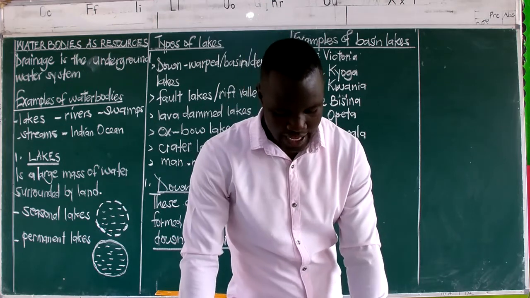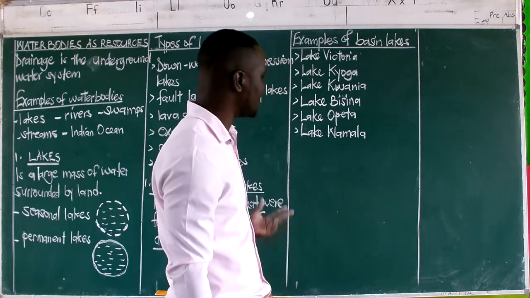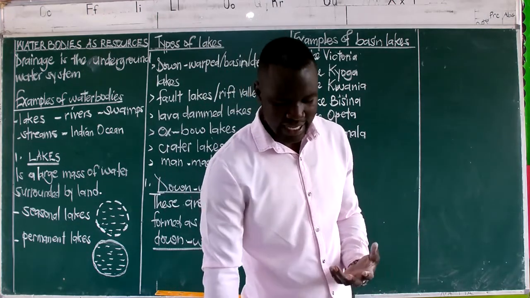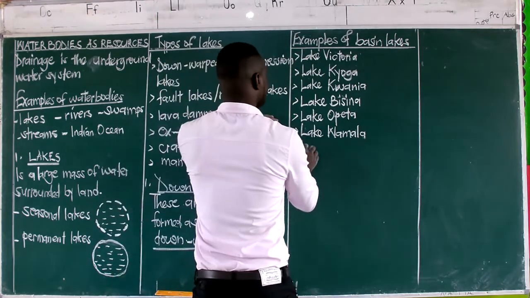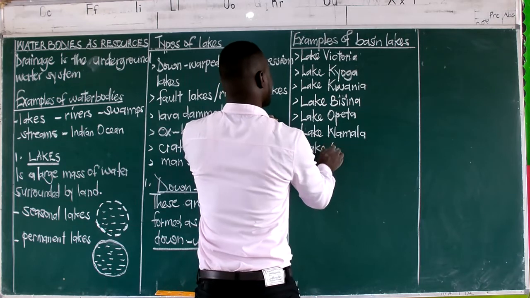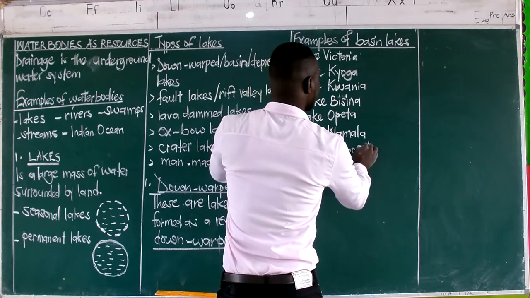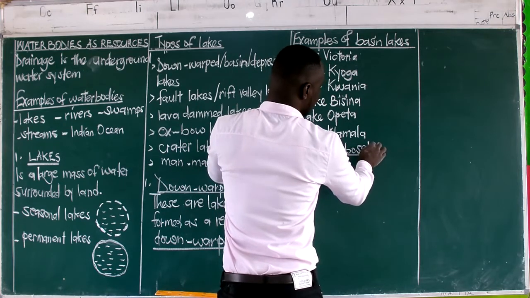And then we have also Lake Ngami in Botswana, but we can't go to that one. Mainly we remain in East Africa. And then we have Lake Amboseli, which is in Kenya. We shall be able to say that this is the only lake in Kenya which is not in the Rift Valley.